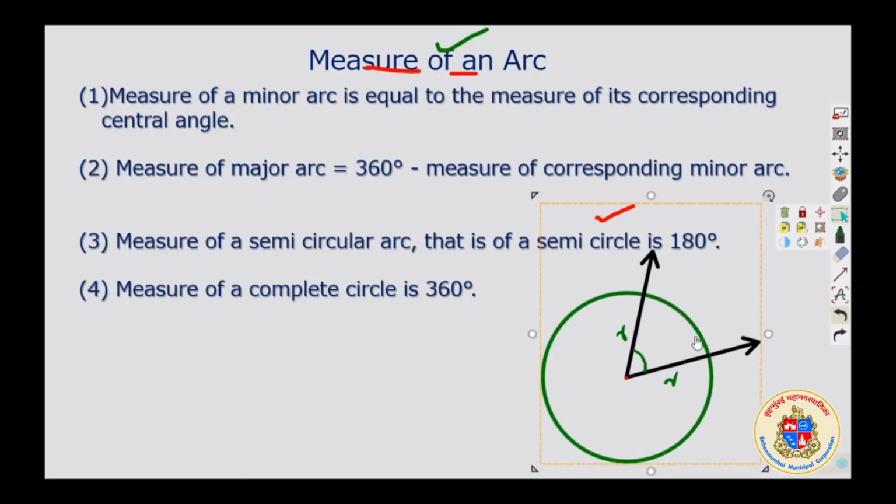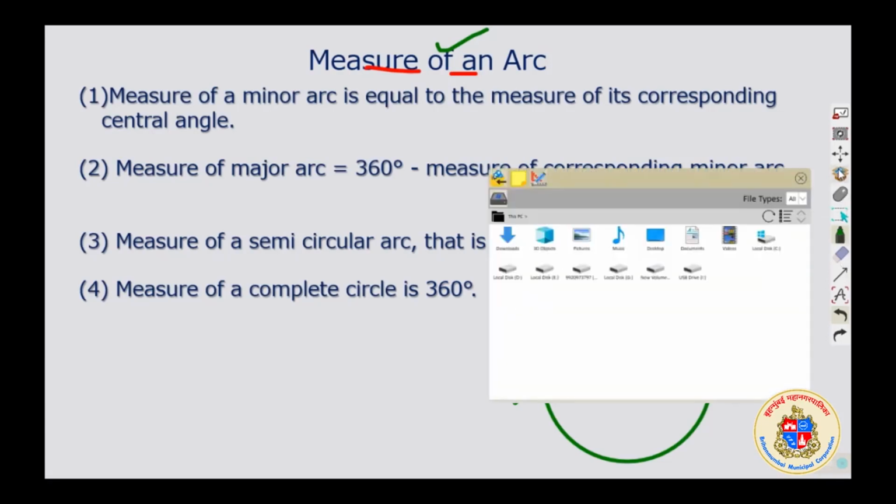So this is a minor arc now here. We know that this is a minor arc now. And this is a major arc. What is the measure of this central angle? That is the measure of the arc.